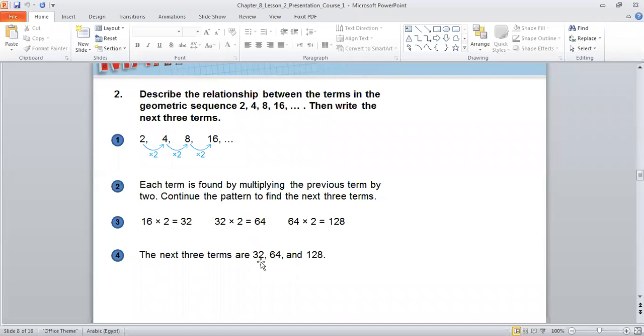So the next 3 terms are 32, 64, and 128.